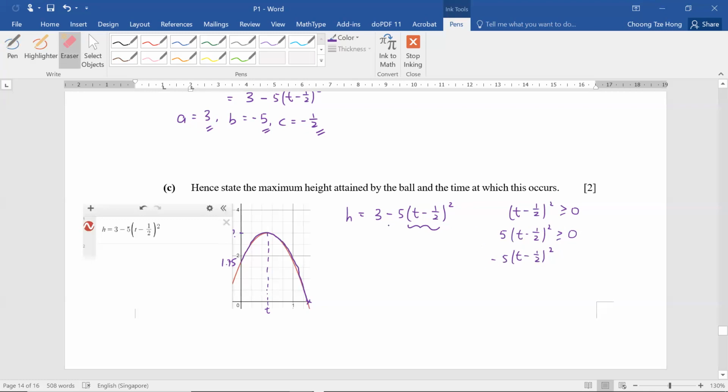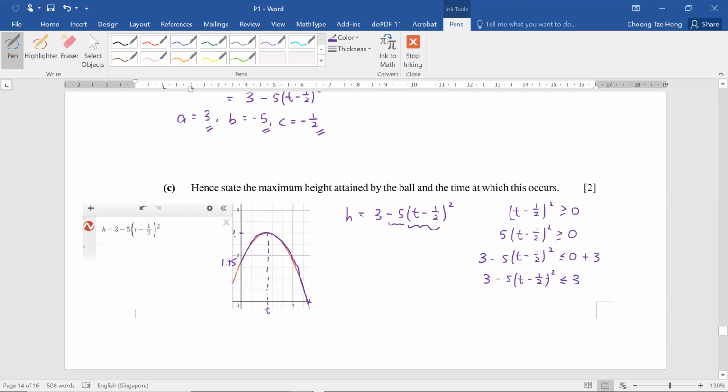If I put a negative in front of the 5, negative times something that is greater than or equal to 0: remember, if you multiply by a negative in an inequality, you have to reverse the sign. Then we're going to add in the 3. If I add a 3 here, then I need to add a 3 here. So in fact, what I'll get is this, which will be less than or equal to 3.